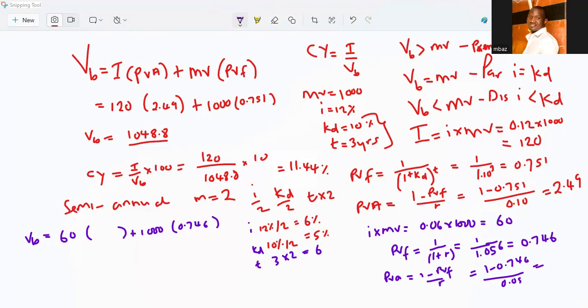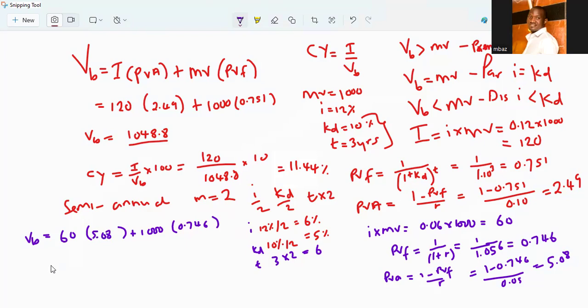So what is our annuity factor? I'm getting 5. Carry on, Mary. 5.08. So 5.08, we put it here.